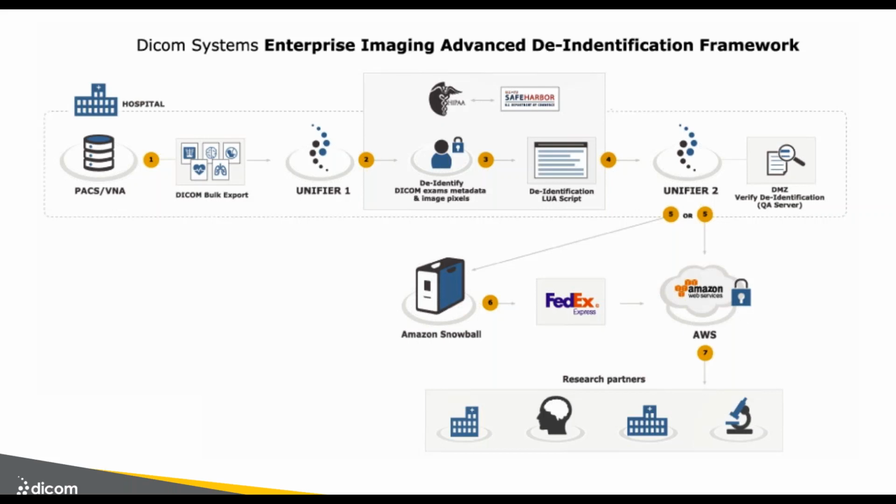And then once the study is de-identified in that batch, it's sent over to a secondary Unifier that's residing in the DMZ that is a quality assurance de-identification component. So Unifier number 2, the secondary appliance, goes through and validates that all of the de-identification rules ran as they should be expected. Unifier 2 is not aware of Unifier 1, so it's very independent.